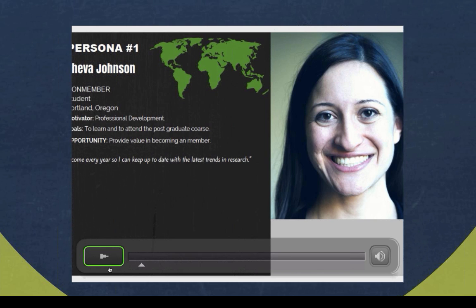It really depends on how you want to categorize the different groups that you're measuring throughout the experience. So the persona is basically a representation of that group. In this one, this was a non-member of an organization, and we used her to represent that persona as she went through her customer journey.